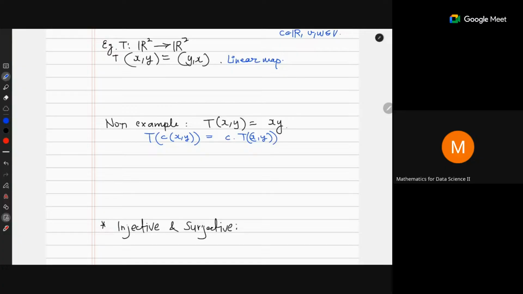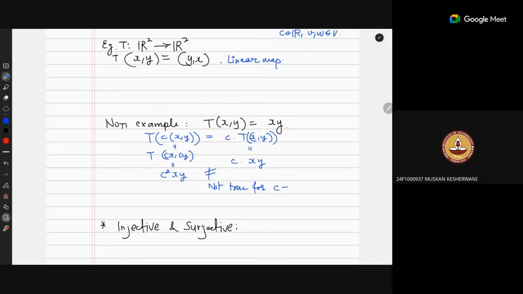But let's see what is happening. If I multiply C to this, it is (Cx, Cy). And if you apply T over it, we will get C square xy. But on the right hand side, you will get C times xy. Clearly, C times xy is not equal to C square xy unless C is equal to 1. So you can take any other C which is not equal to 1, and then it wouldn't be satisfied.